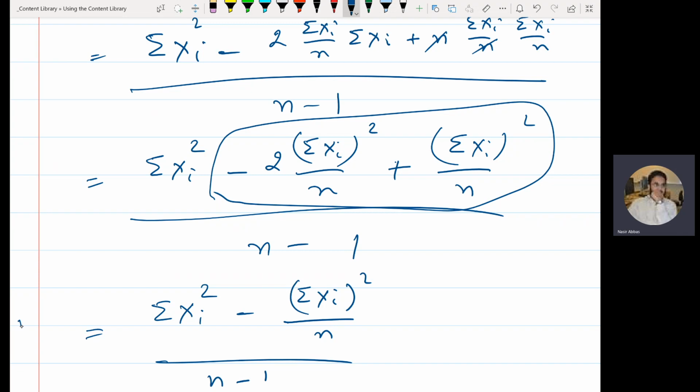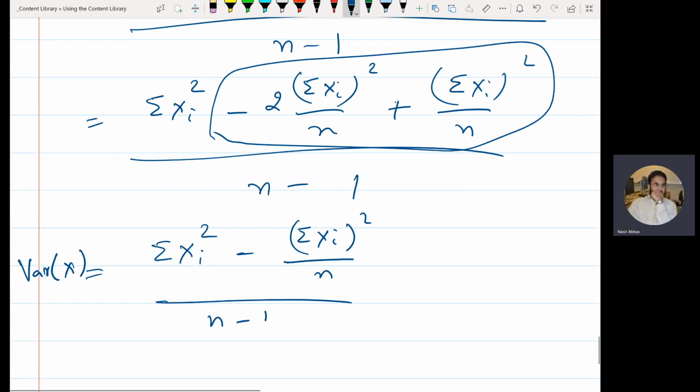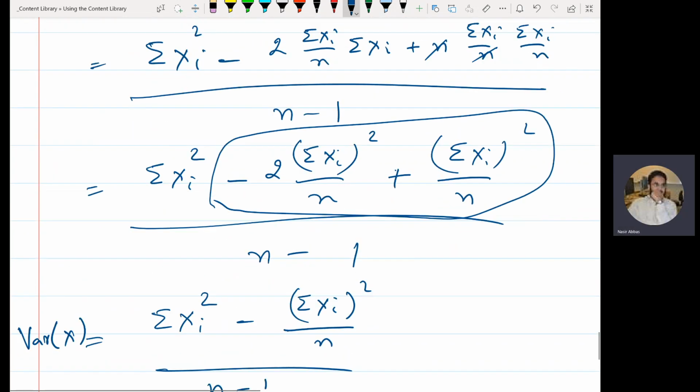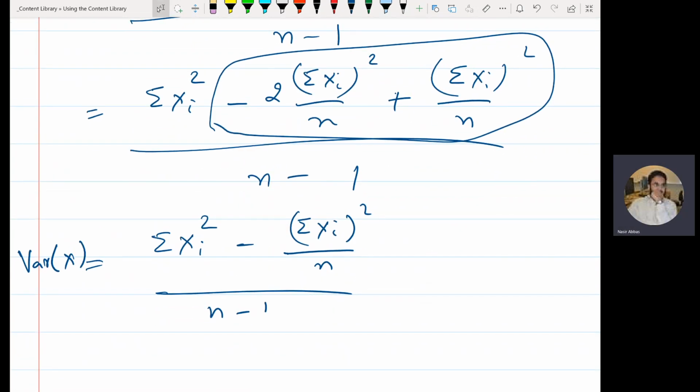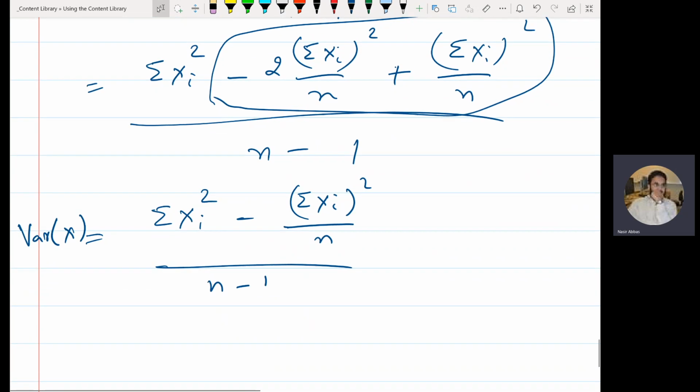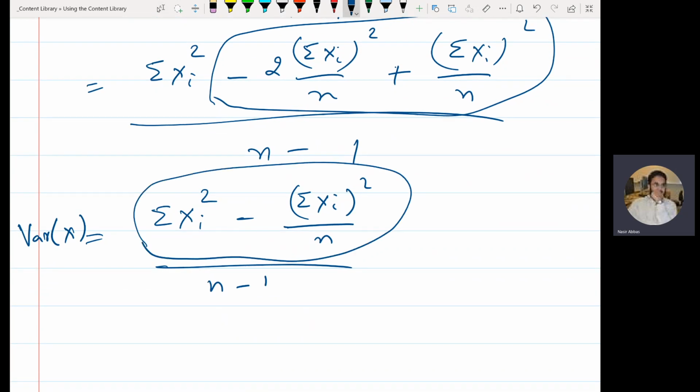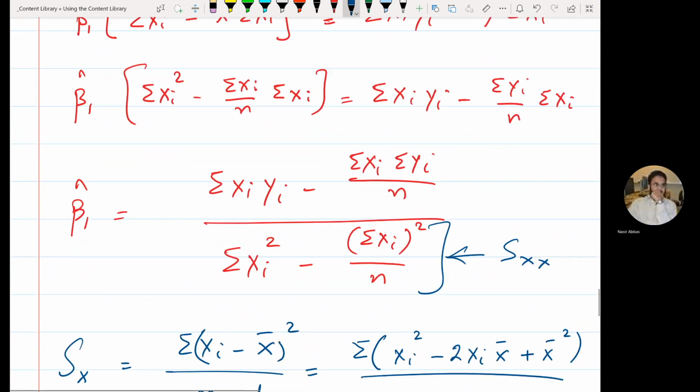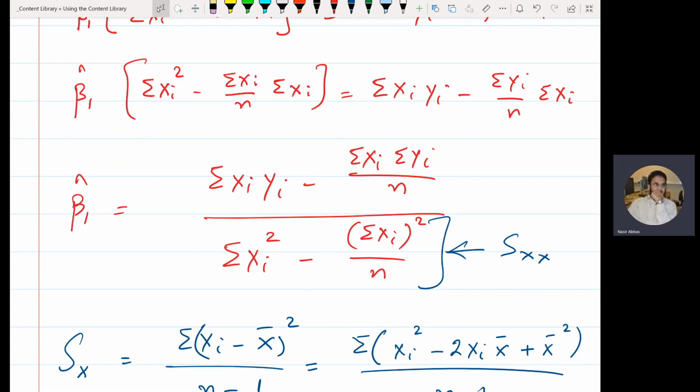This is the variance of x. Is it true? Without square root, it's the variance. With square root, it will be the standard deviation. Is it? Yes. What is the numerator of the variance? It is the same that we are calling sxx.